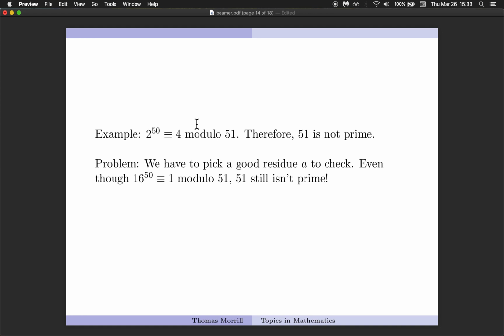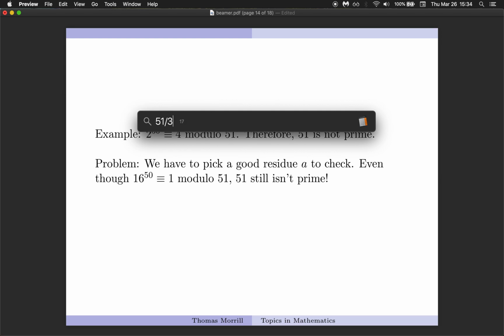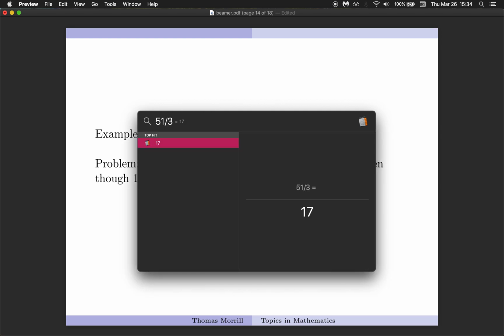Well, that's great. That means that if 51 was prime, that would mean that Fermat's theorem was broken. But I'm going to conclude from this that 51 is not prime. In fact, it's divisible by 3. Just like that, 3 and 17.